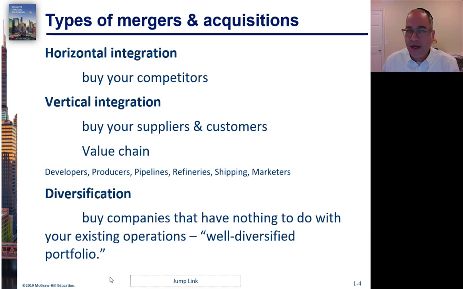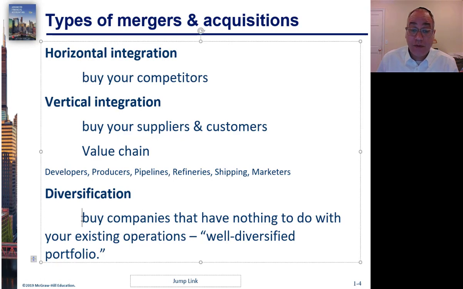Another example would be Amazon creating its own network of distributors. Instead of using UPS or the Postal Service or FedEx, Amazon has its own fleet of trucks and ships the goods to you in its own trucks. Likewise, Amazon doesn't produce its own goods, but they develop their own goods and have other factories produce them. So those are examples of vertical integration.